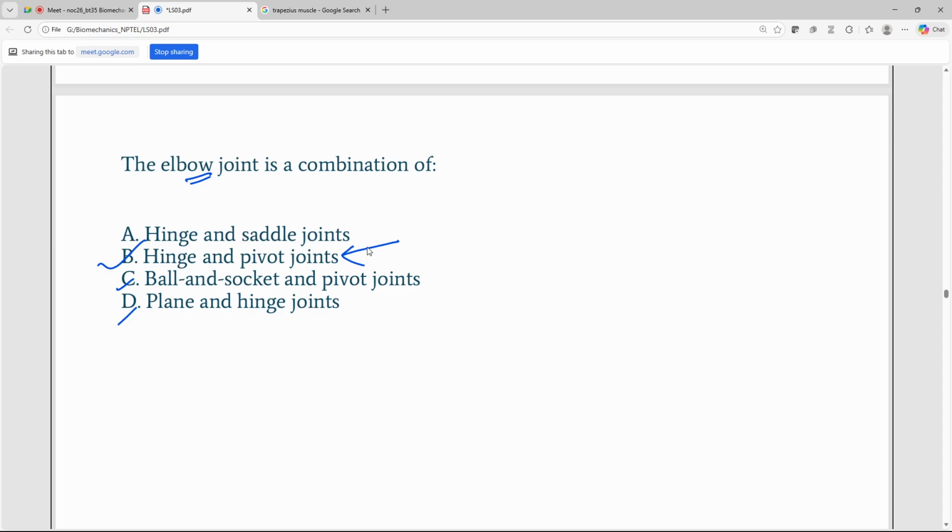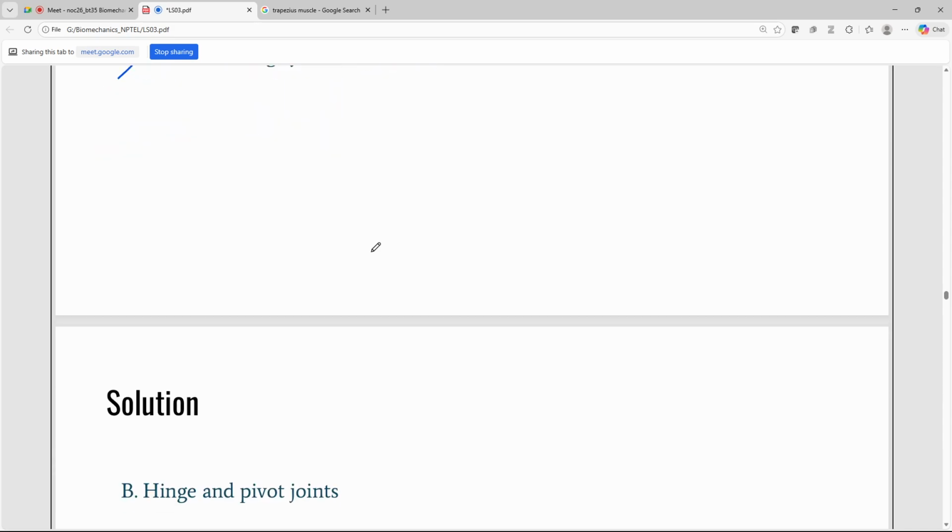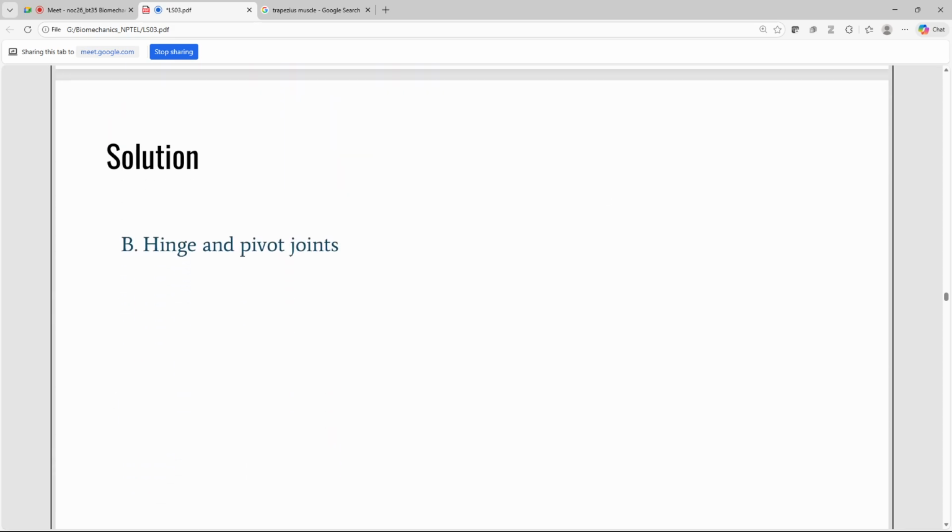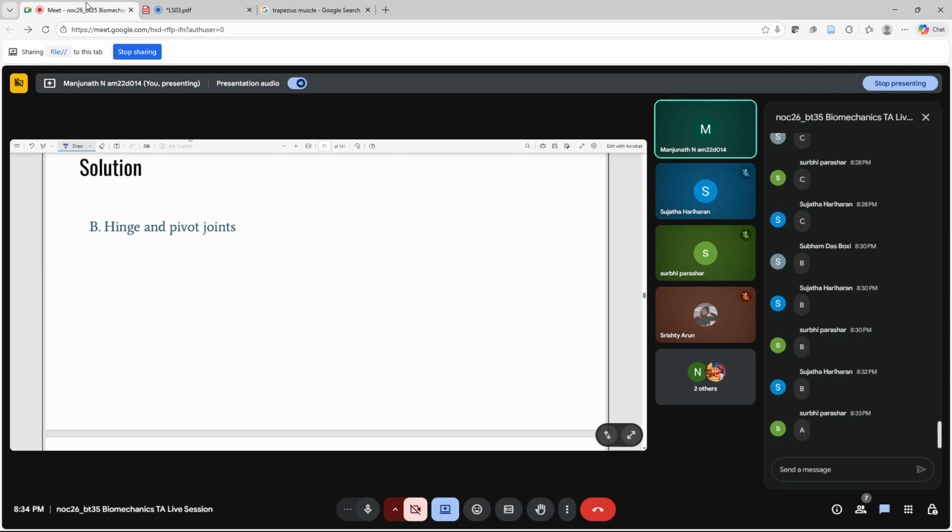hinge and pivot joint. Can anyone tell me another name for the elbow joint? You can inbox the word.